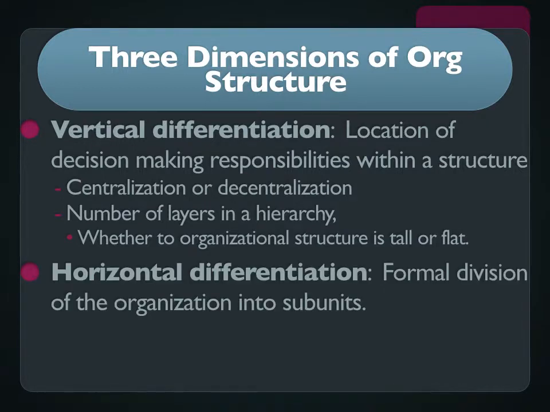There's also horizontal differentiation, so the formal division of the organization into subunits. So how much division do you create amongst the different areas of activity? So how integrated is marketing with production? How integrated is research and development with sales?